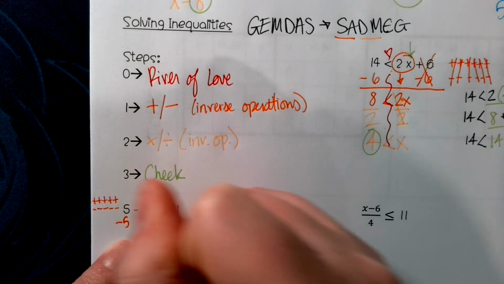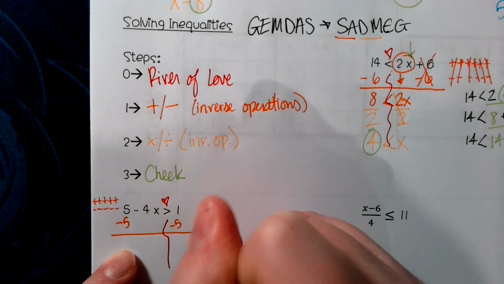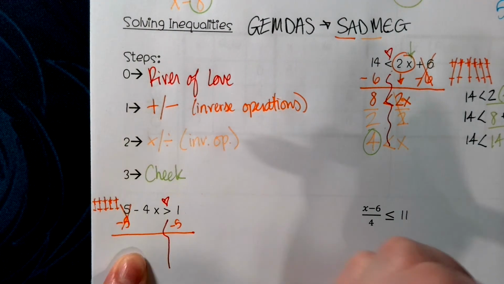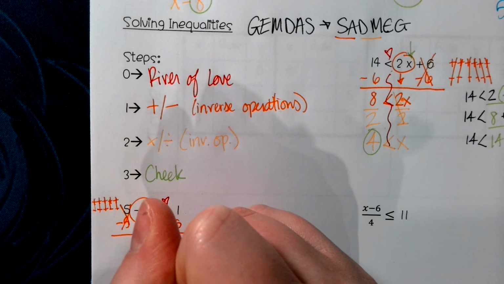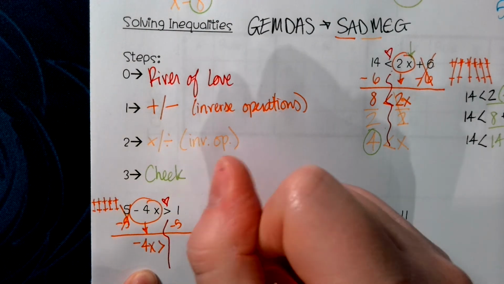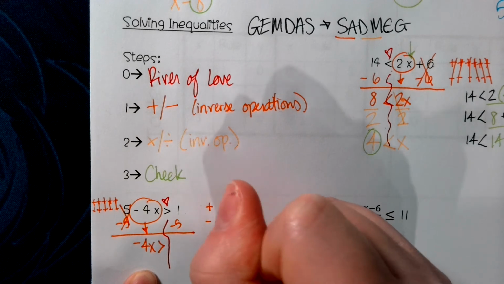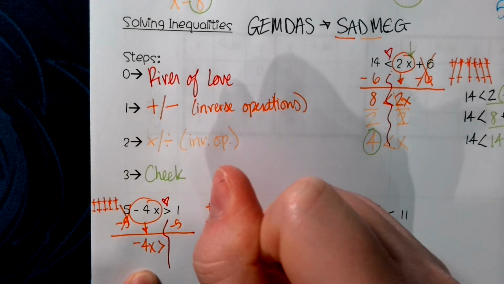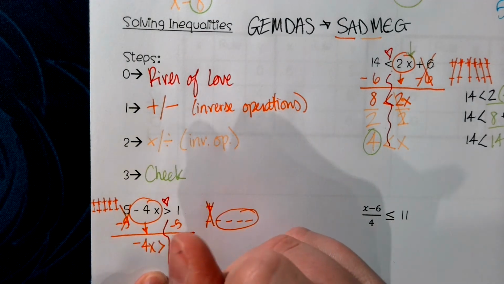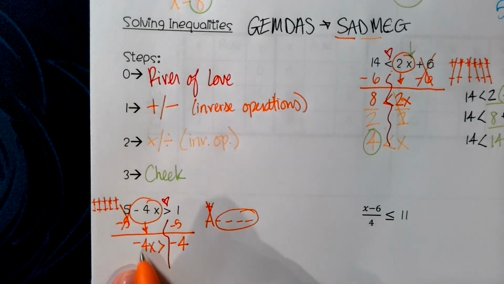So I have to subtract 5 from both sides here. Those 5s cancel. We have to bring down that negative with it. So we get negative 4x is greater than positive 1 minus 5 gives me negative 4. So I have negative 4x is greater than negative 4.